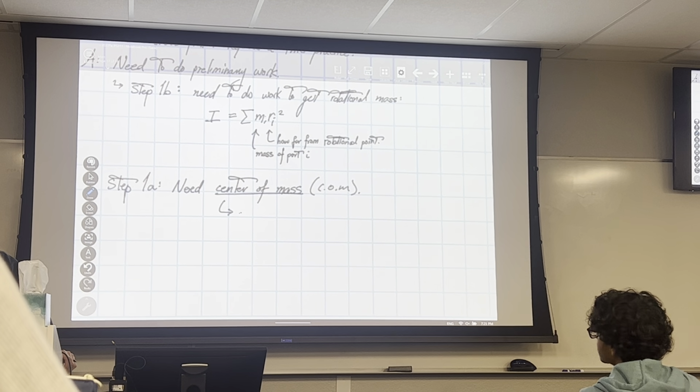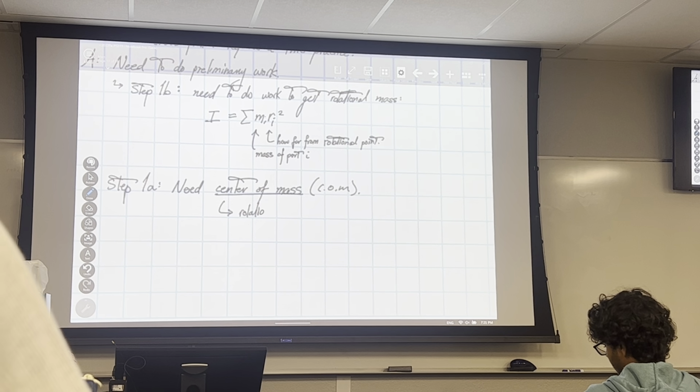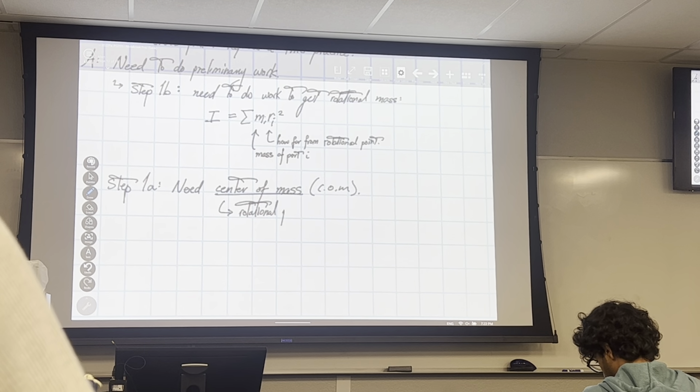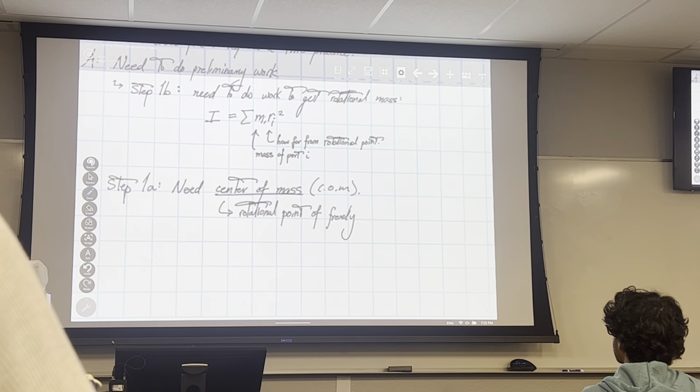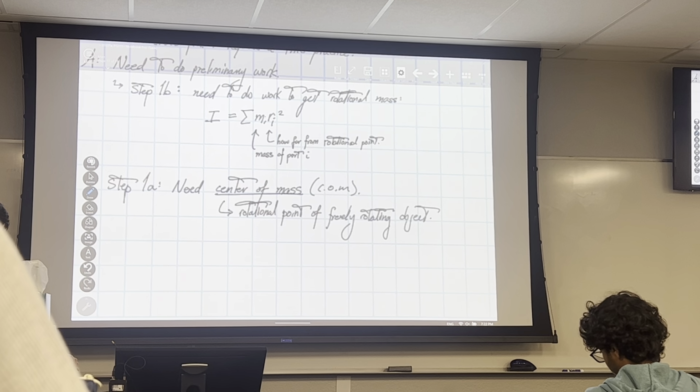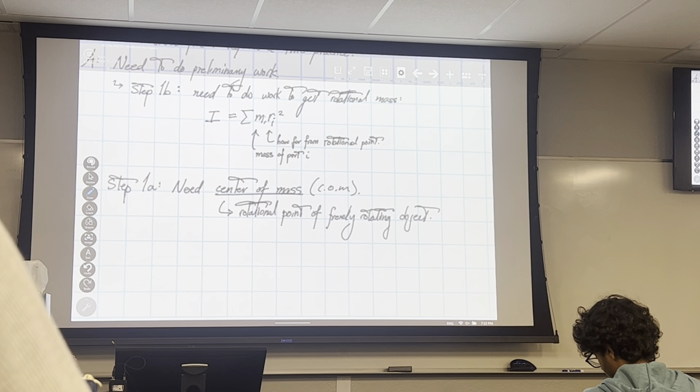This is the rotational point, or sometimes it's called the pivot point of a freely rotating object.